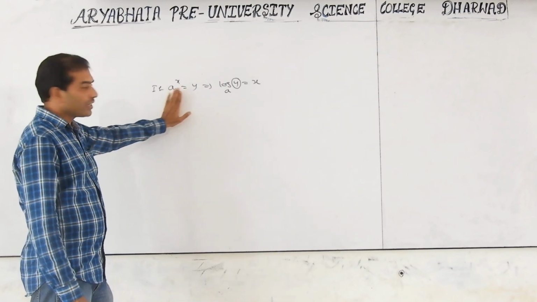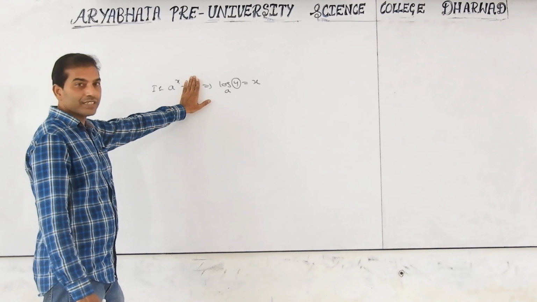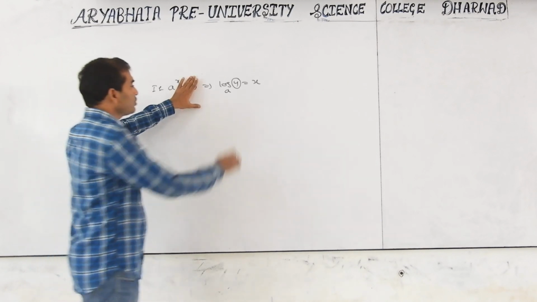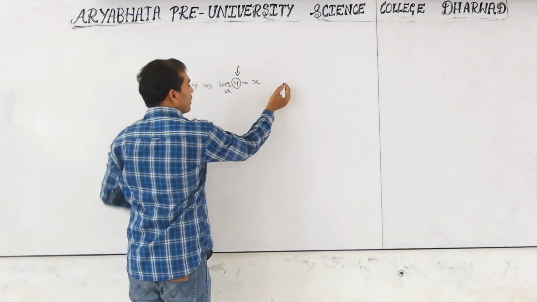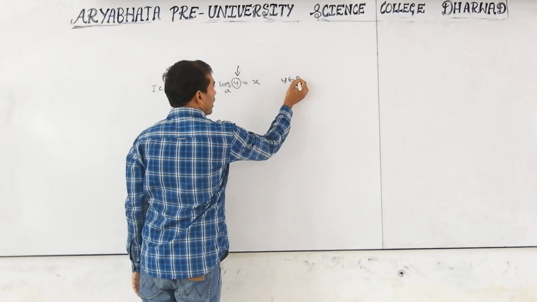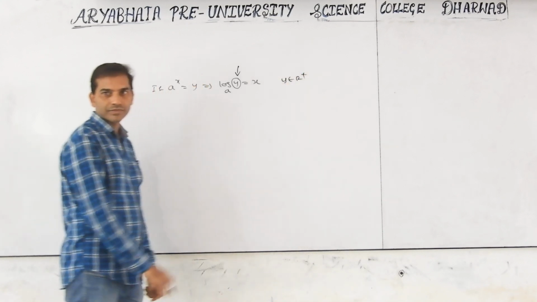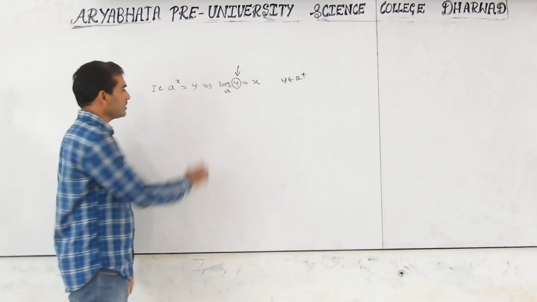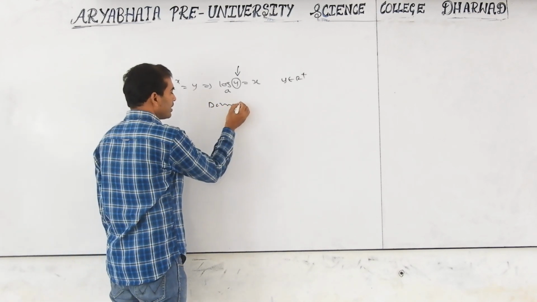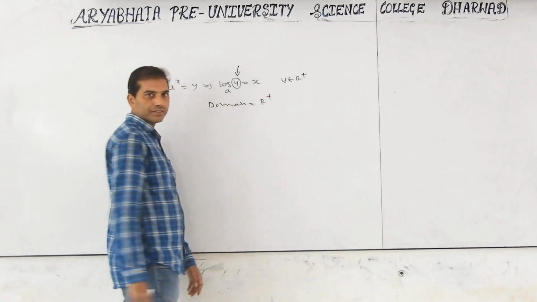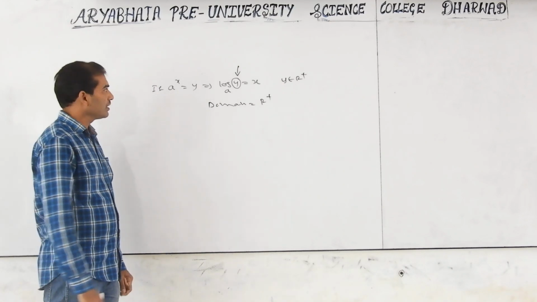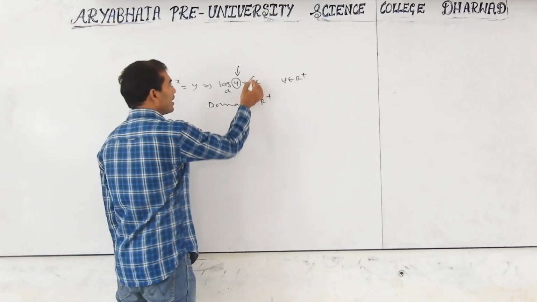No, because the range of an exponential function is positive. So y belongs to R plus, which means the domain of logarithm is R plus. Understood?